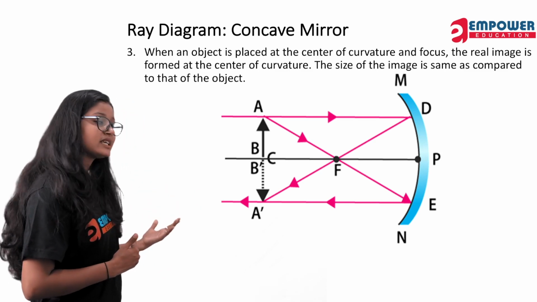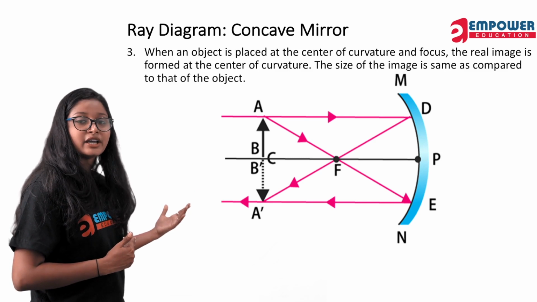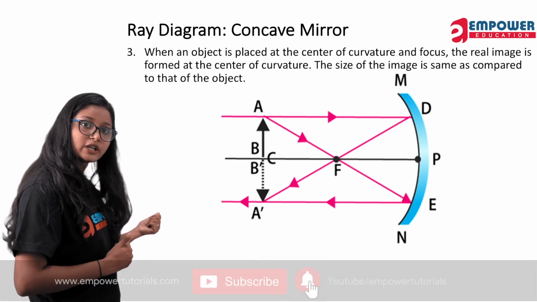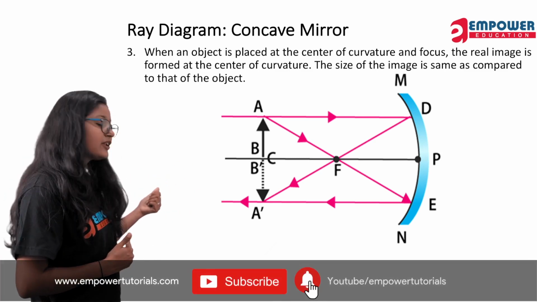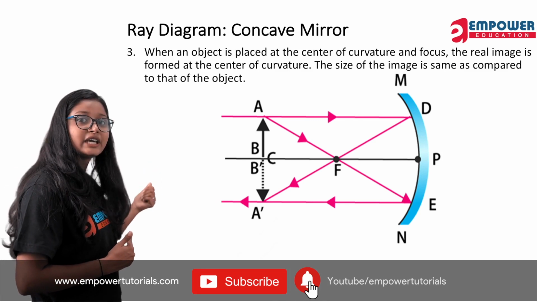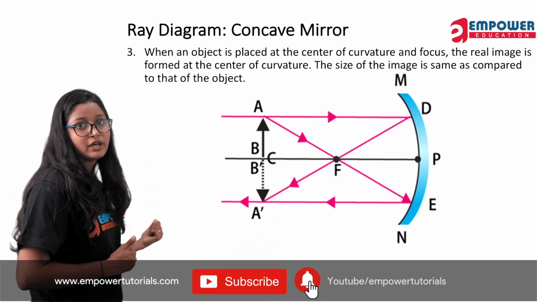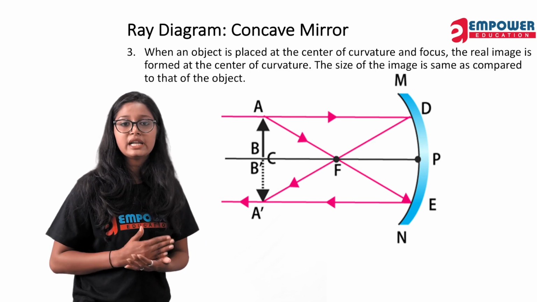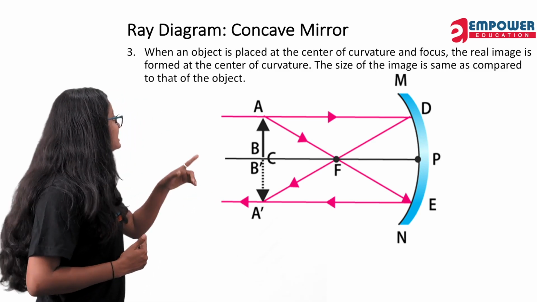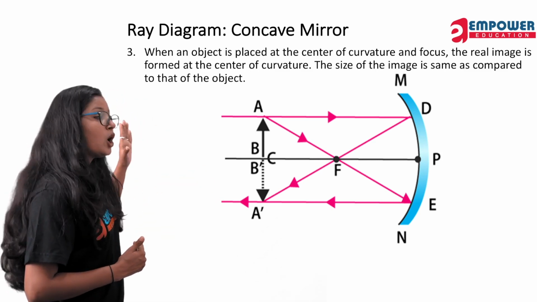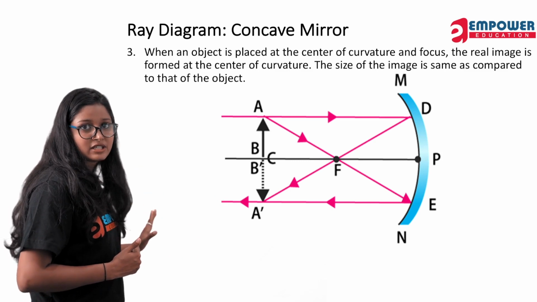You can clearly see in this diagram that the rays meet just below the center of curvature, and if you draw a line here, it gives the formation of the image where the two rays meet at a point. Now compare the object size and the image size.